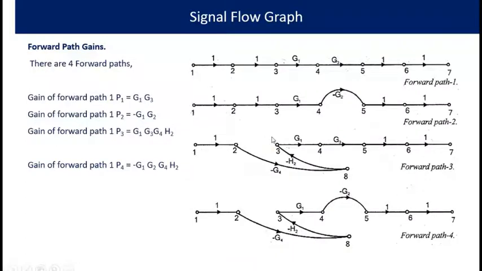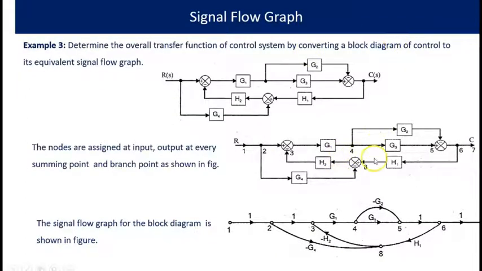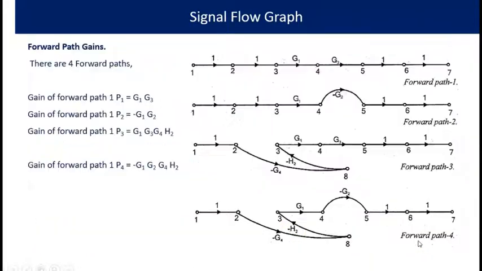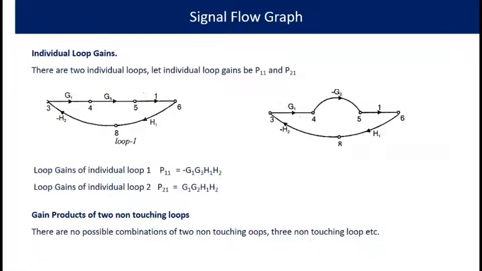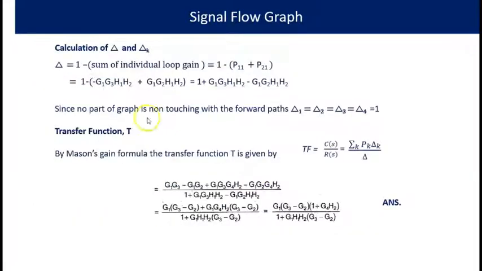H1 is positive, here the sign is plus, and H2 is minus. Also this G2 is minus, and G4 is also connected, so minus G4. So there are two loops, and there are no non-touching loops. Therefore, we can calculate the transfer function.